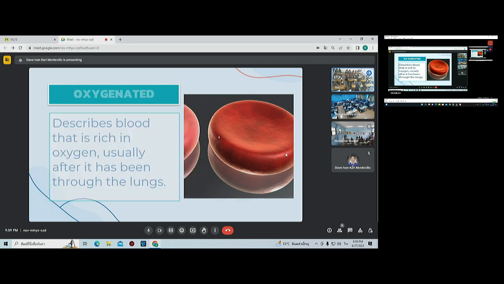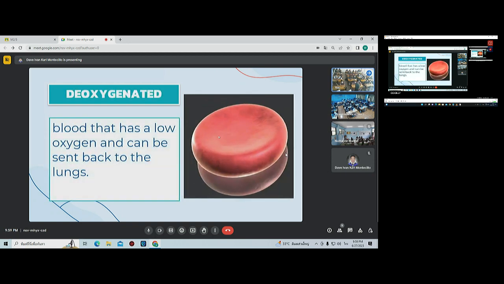Next, we have, what is this? Okay, very good. That is deoxygenated. Everybody, deoxygenated. It means low oxygen. So again, low oxygen blood that can be sent back to the lungs. Oxygenated is from the lungs going to the heart.